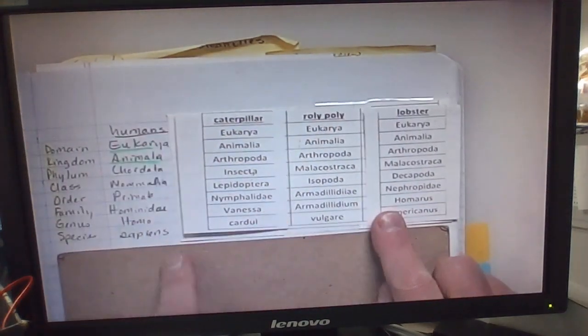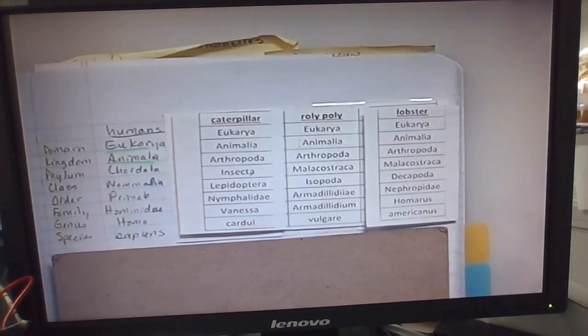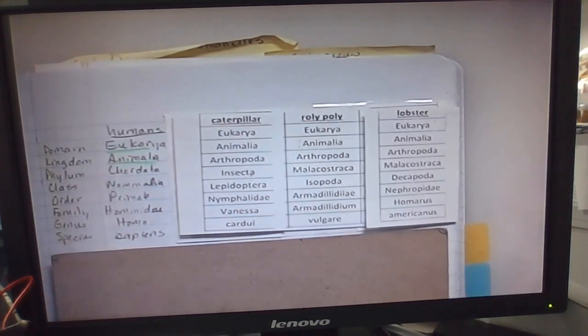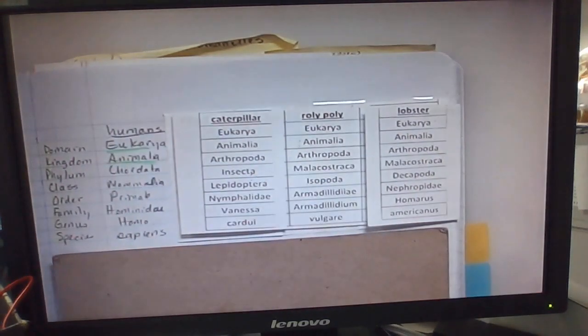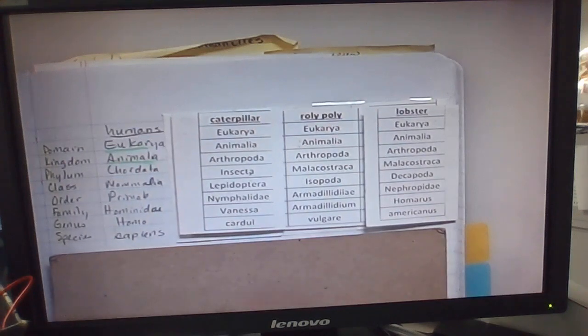I've added humans to the mix. Humans are in the same domain as a roly-poly. I'm going to make you feel closer to them. We're in the same kingdom as a roly-poly. So, levels of classification-wise, once again, roly-poly is more closely related to a lobster than they are to us. And that kind of makes sense.